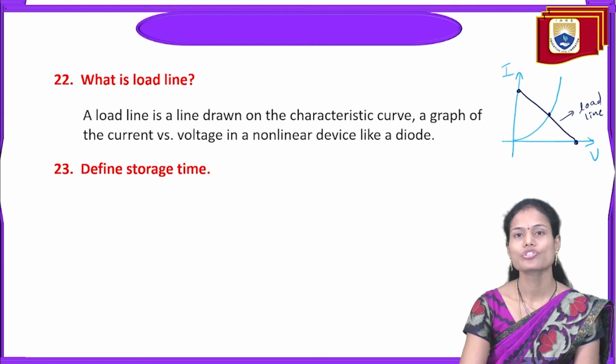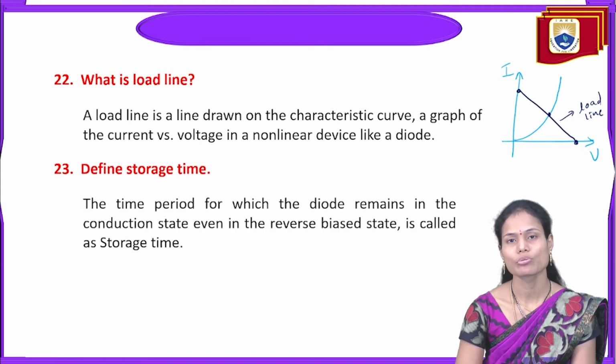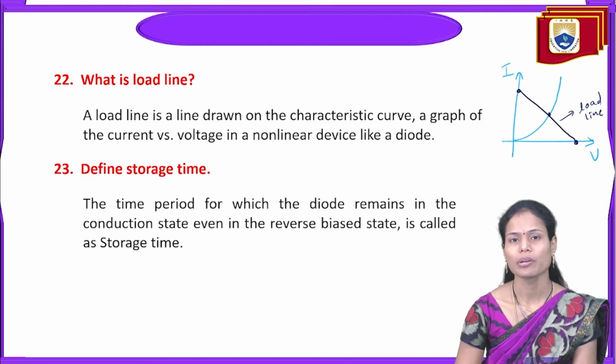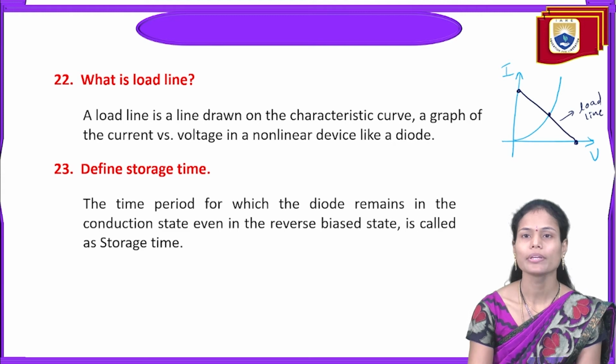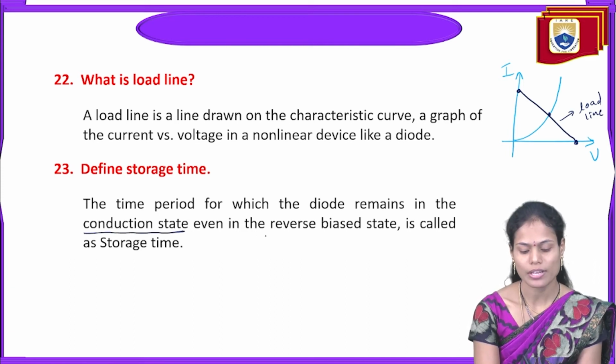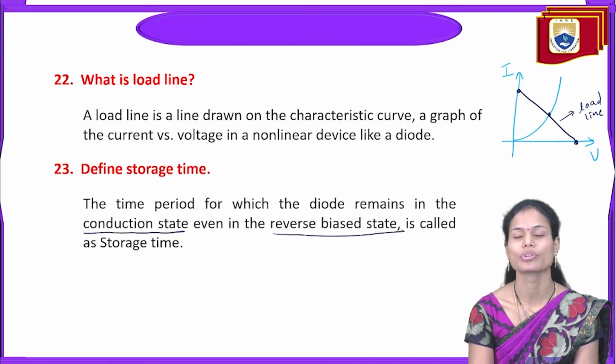And next, define storage time. This storage time is one of the timings of the diode here. This is the time period for which the diode remains in the conduction state even in the reverse biased state, called the storage time.